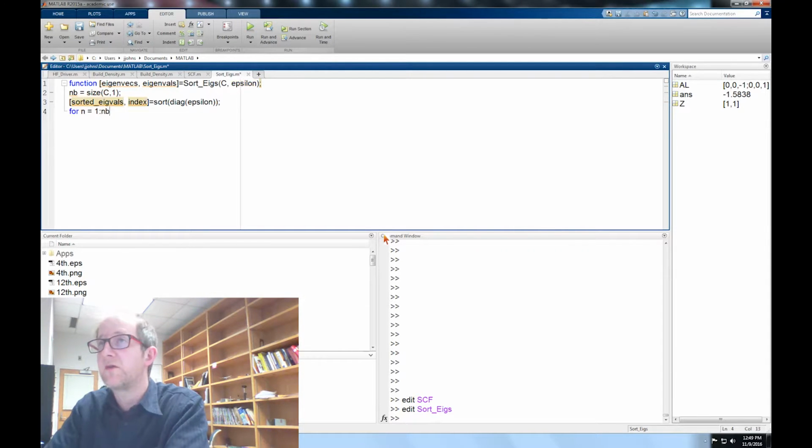And now in B, sorted eigvex, we're going to make column vector equal C, index of n in that whole column.